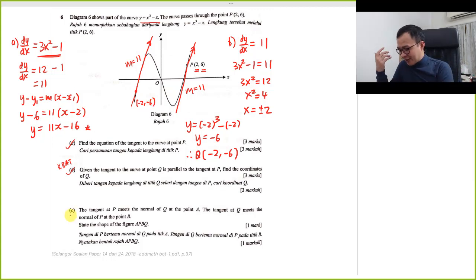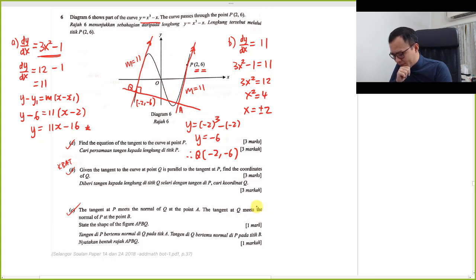Alright, so the last one is basically some extra knowledge. The question says the tangent at P meets the normal at Q at the point A. So this tangent at the point P is going to meet the normal at Q at the point A. And then the tangent at the point Q meets the normal at the point P at B. So the normal at P here is going to meet at the point B here.